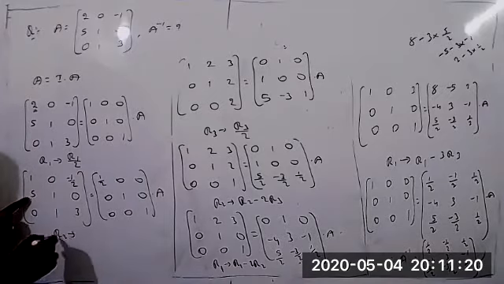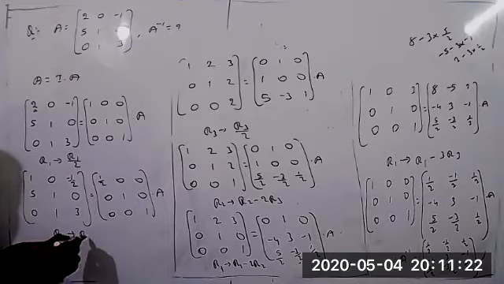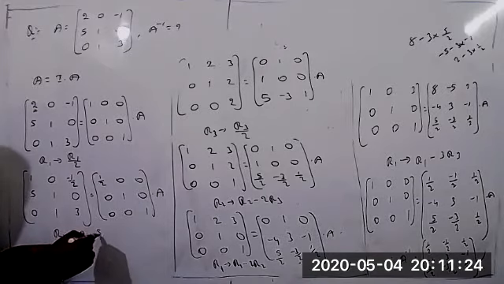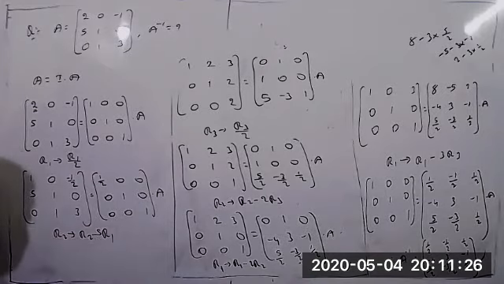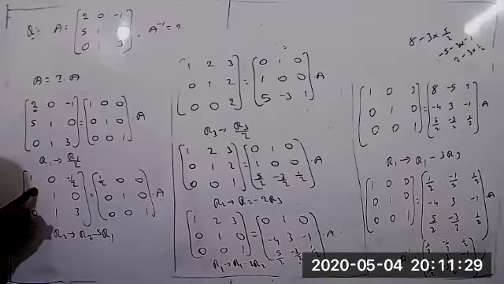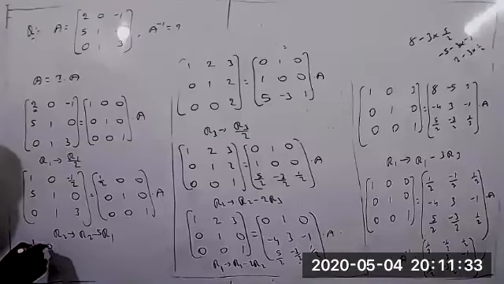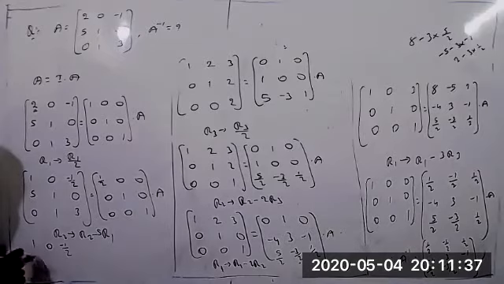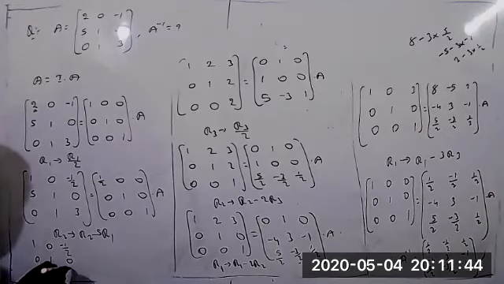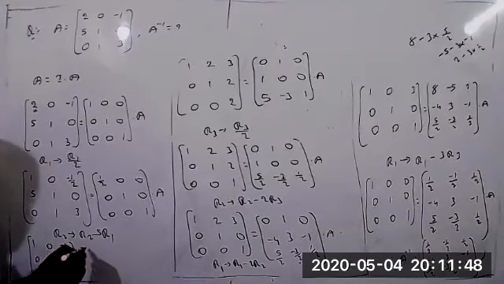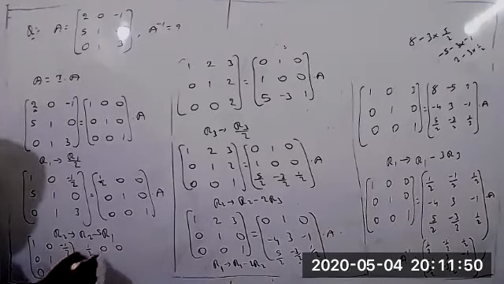This belongs to the second row. So R2 such that R2 minus 5 into R1. This is 5 minus 5 into 1 equal to 5 minus 5 equals 0. So the first row is only 1 0 minus 1 by 2. It becomes 0 1 0. Next here also, change these values: 1 by 2 0 0.